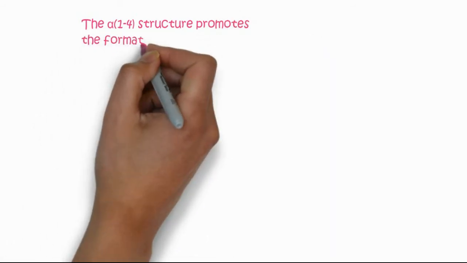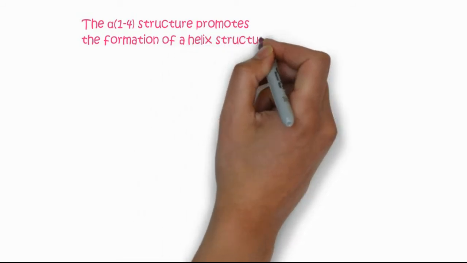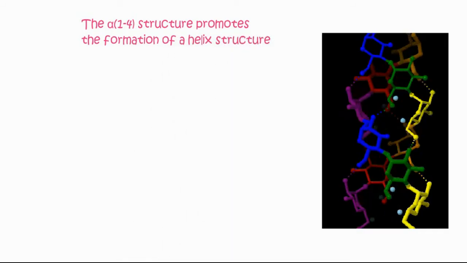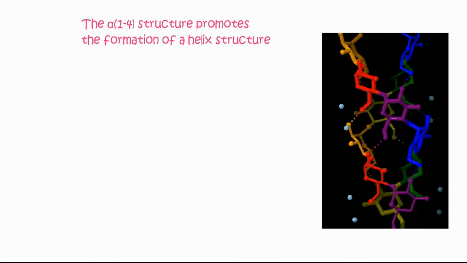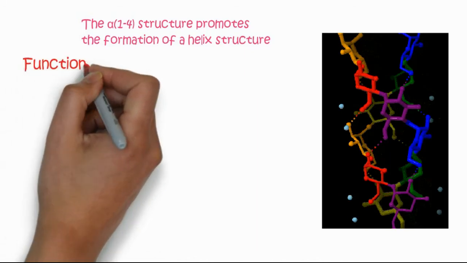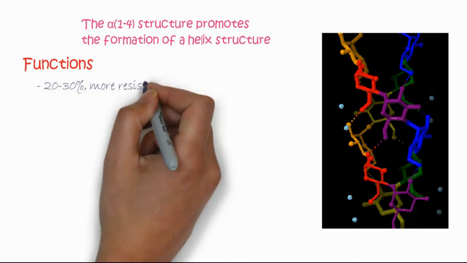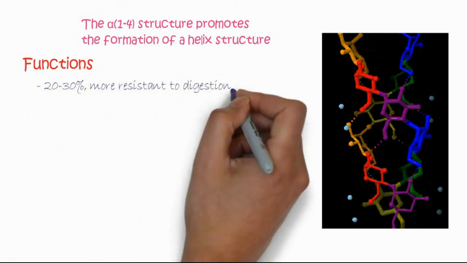The 1 to 4 glycosidic structure promotes the formation of a helical structure. You can see here the different colors represent the glucose moiety, and they form the polymer, a helical structure. Now function of the starch.